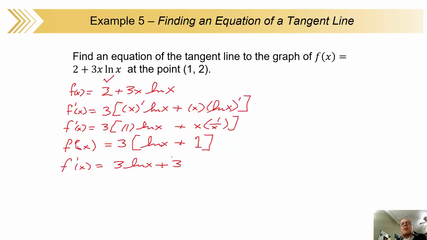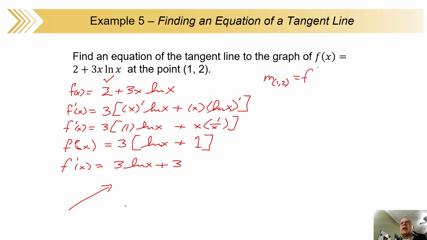Okay, so we've got the slope. This is the general slope down here. This is the slope of any point, but the one we need is the slope for 1, 2. Maybe we write it this way. Slope of point 1, 2. So we bring this up here.